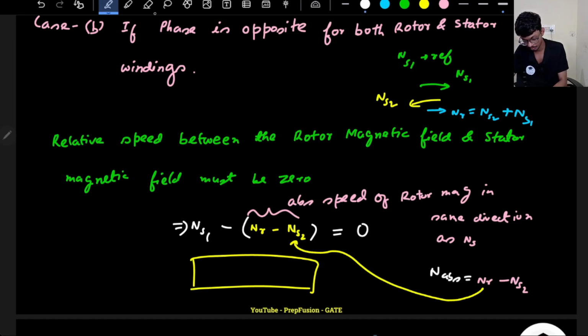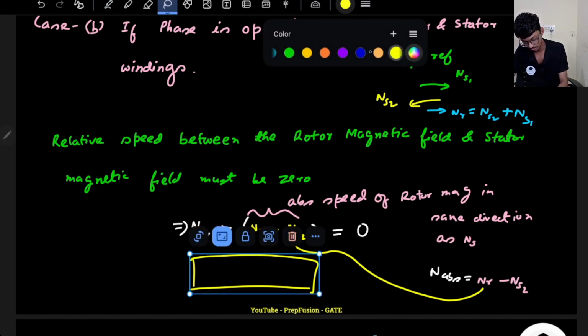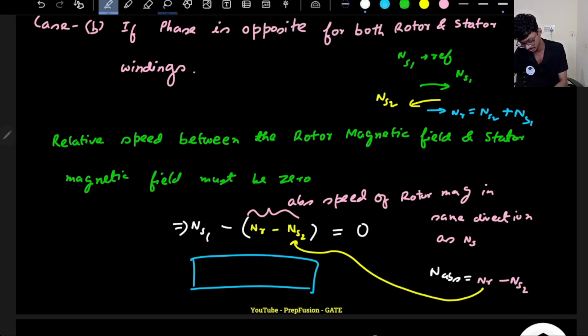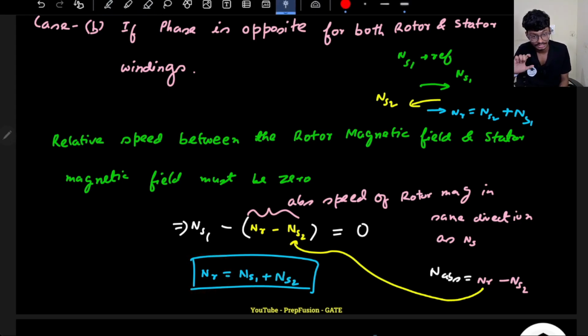Again I apply the same equation, that the relative speed must be 0. If the relative speed is 0, then from this equation nr will be equal to ns1 plus ns2. So the rotor speed this time will be ns1 plus ns2 if it is case b.